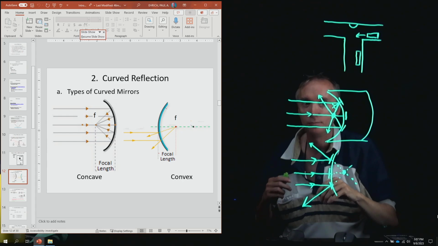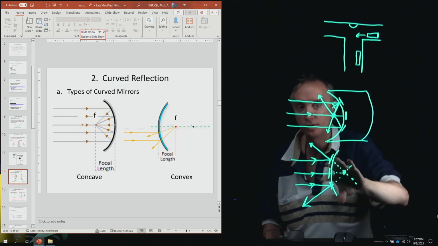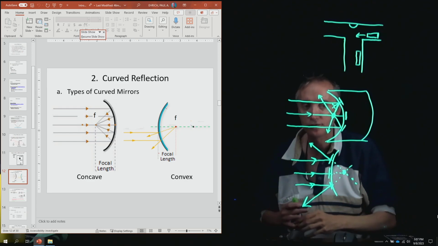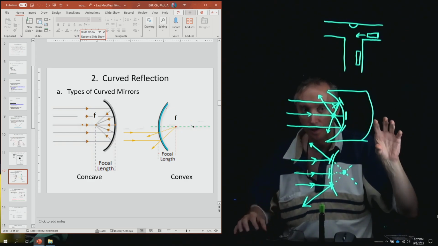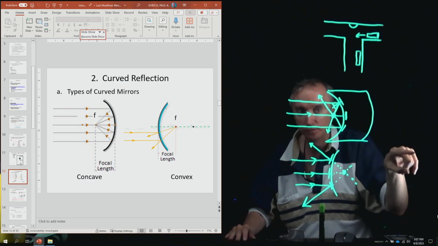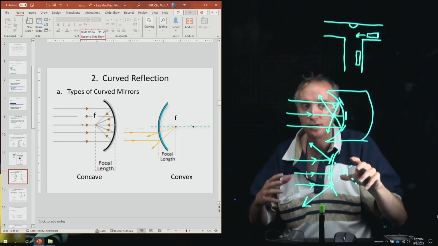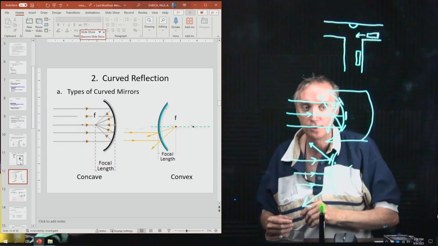Now, what's the bad news? What would be the bad news about using one of these things? Think about the mirrors on the side of your car. There should be a little sign on the mirror that says objects in the mirror are closer than they appear.